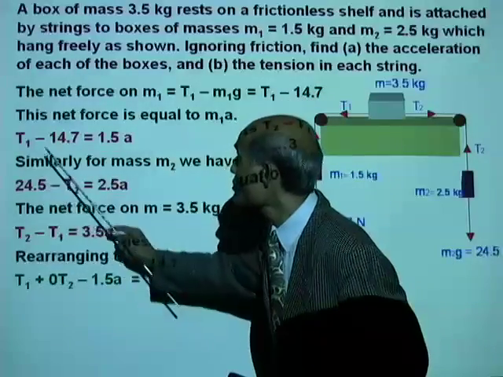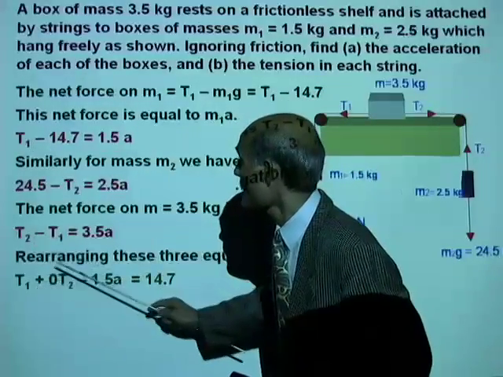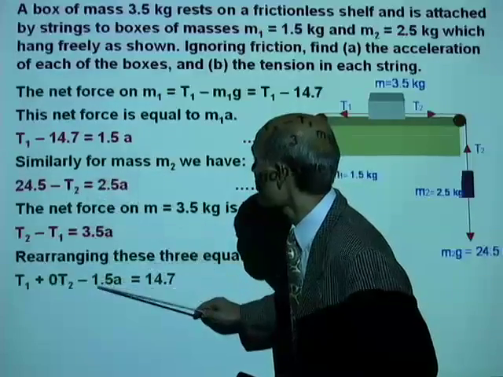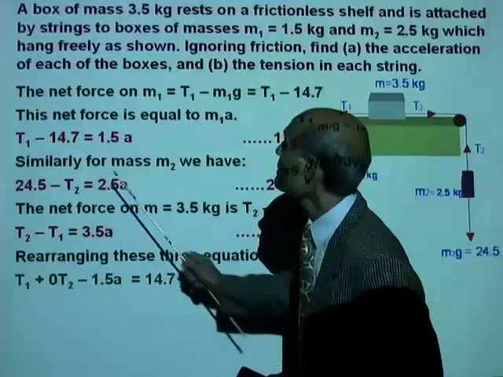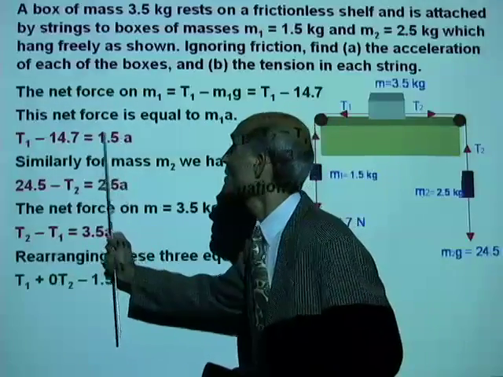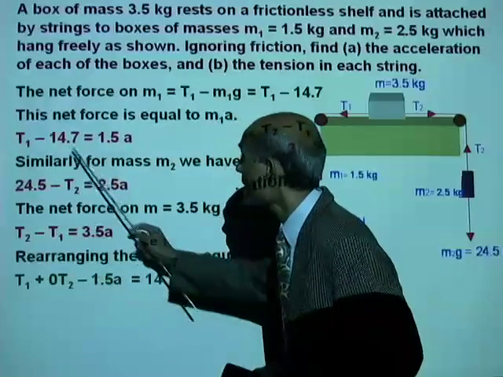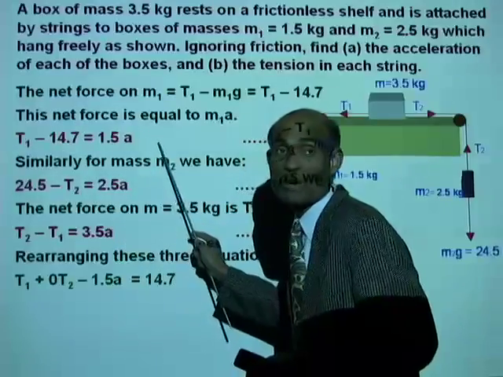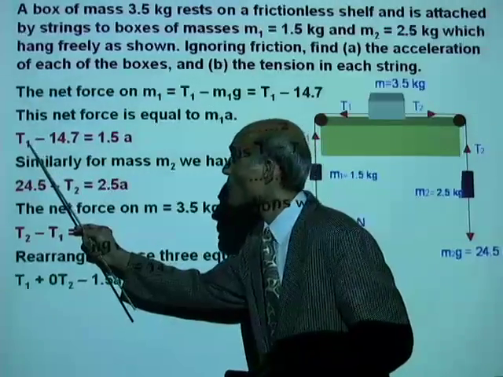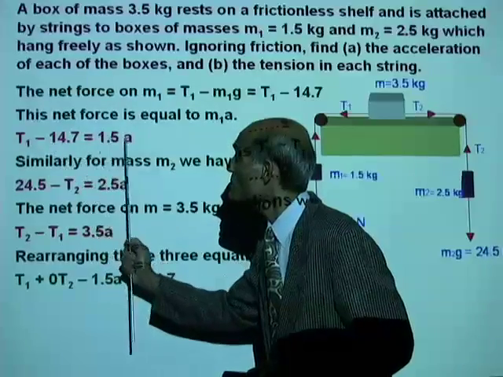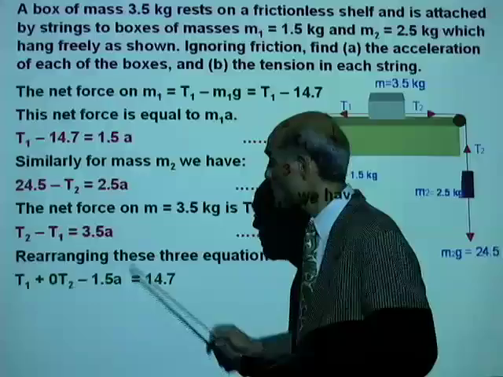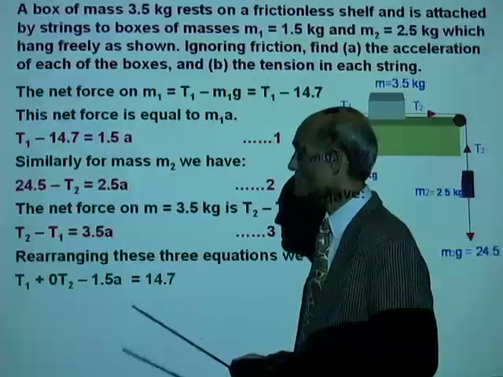So our first equation is T1 plus 0 T2 minus 1.5A equal to 14.7. In other words, we write the variables all on one side and the number to the right side. I hope you understand that equation. T1 plus 0 T2 minus 1.5A equal to 14.7.